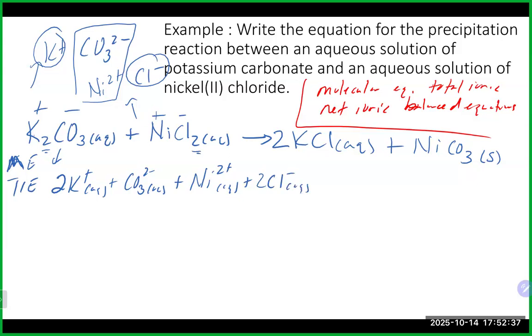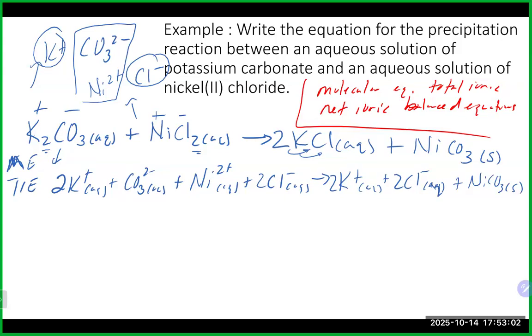Again, this 2 comes to the front of the Cl. On the other side, we get 2 K+ as that 2 gets distributed to both, and we will get 2 chlorides, and in this case our solid will stay together. And that would be our total ionic equation.